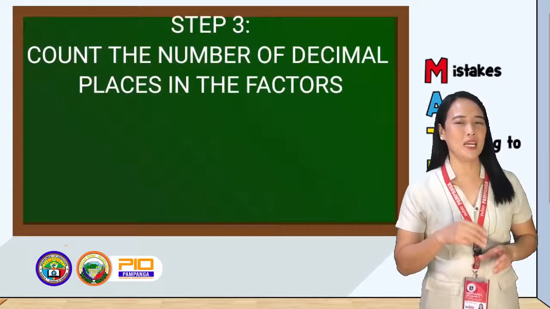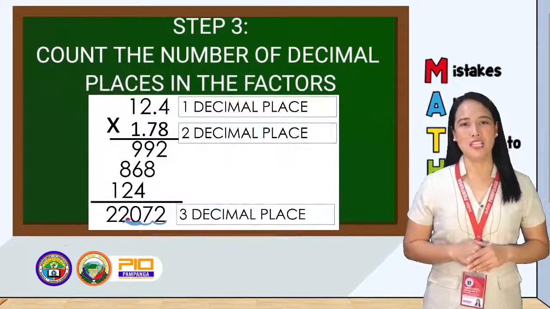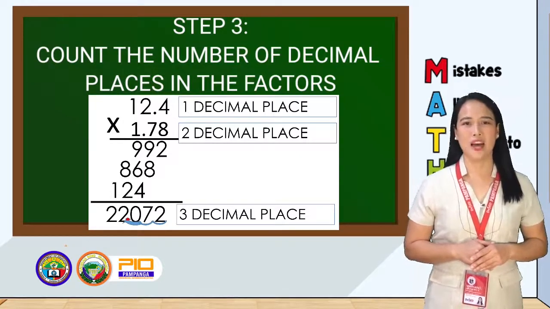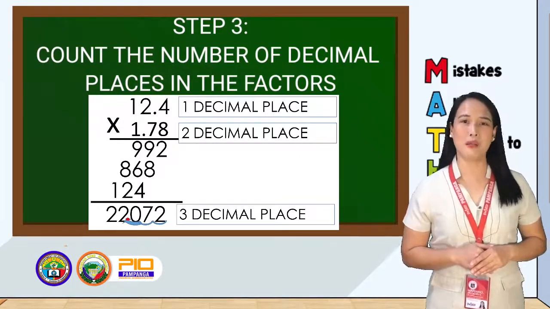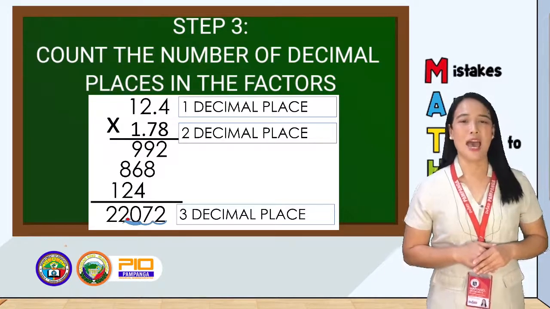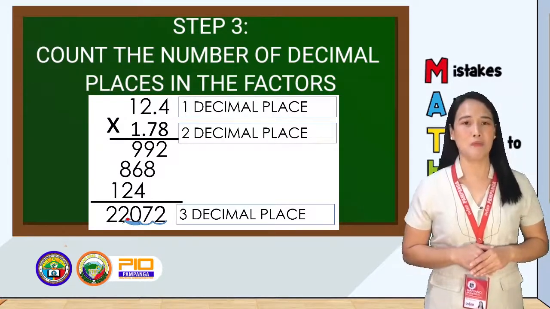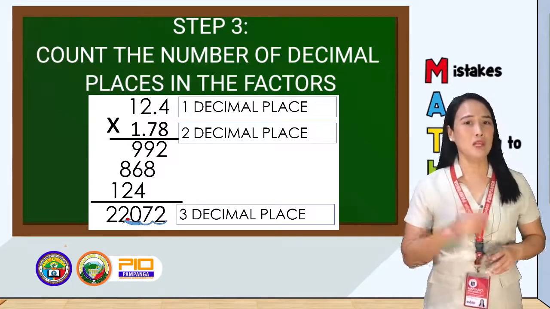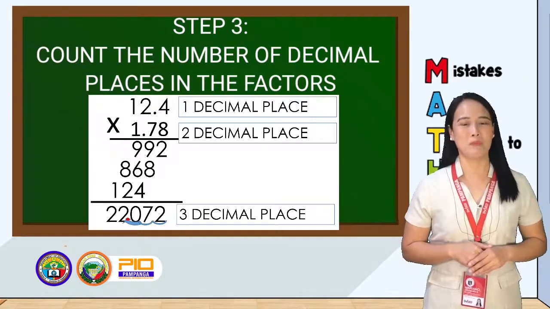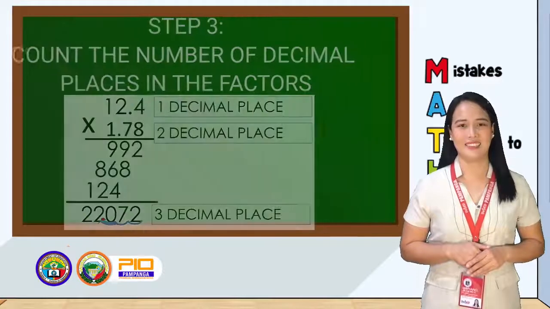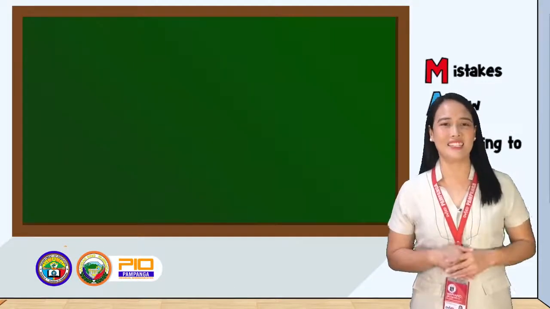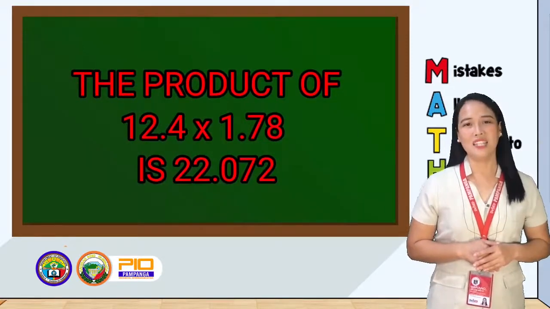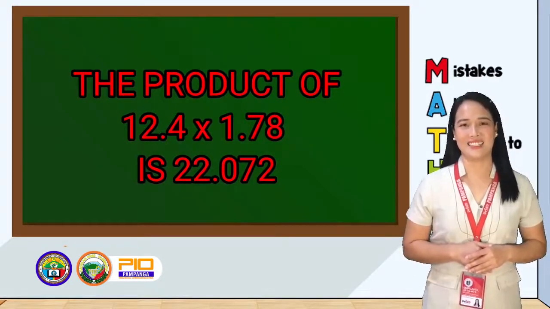And then step 3, count the number of decimal places in both factors. The first factor has only 1 decimal place. The second factor has 2 decimal places, so it means there are 3 decimal places in all. So that would mean there should be also 3 decimal places in the product. So what is the answer, K-Kids? Yes, it's 22 and 72 thousandths.